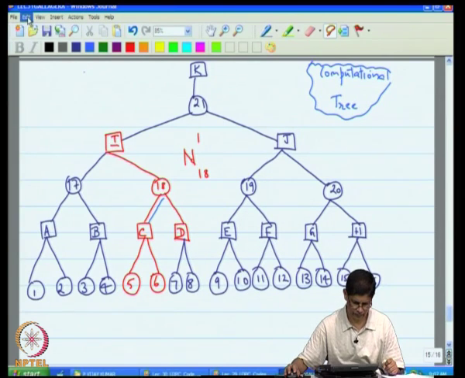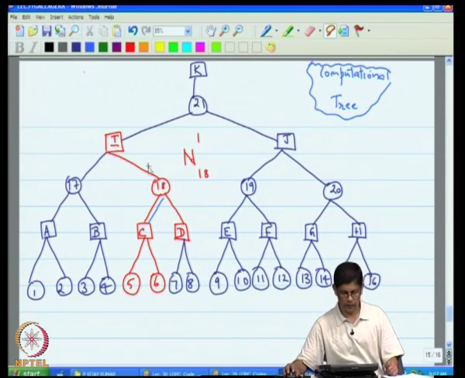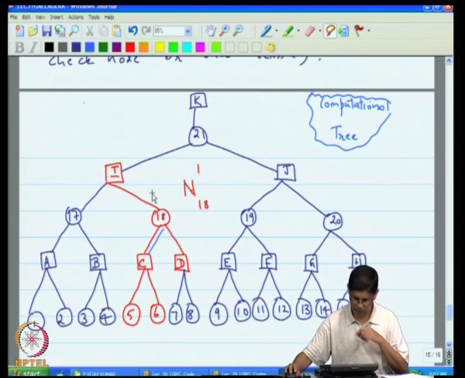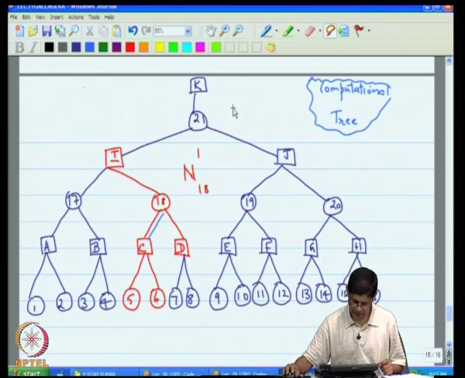Here is the computational tree, and let us get rid of these colors, we do not need them anymore.